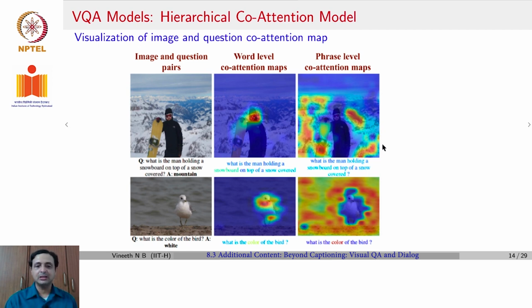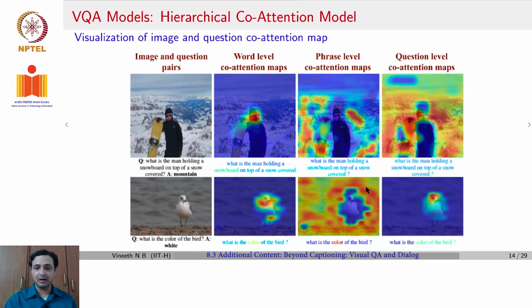So you see that the model is focusing on other parts of the image other than the person. Similarly, for what is the color of the bird, the model seems to be focusing on the area just around the bird to be able to isolate the color.